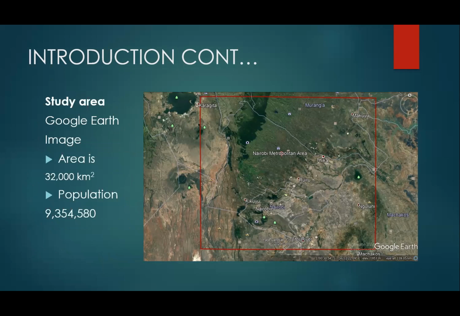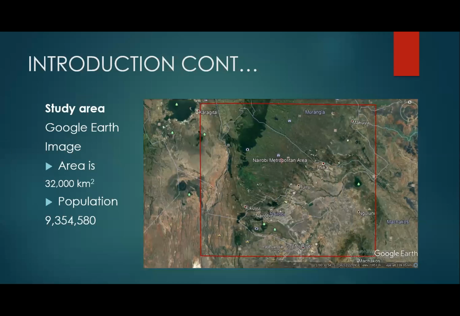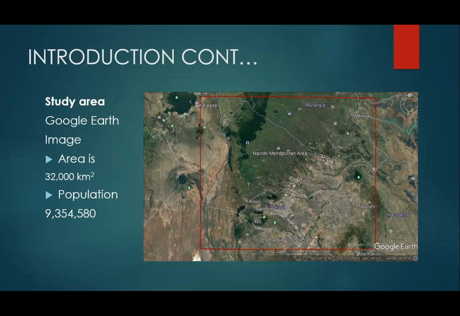All right, so our study area is the Nairobi metropolitan area. So this is the area. Our area of interest, especially, is this Thika area. There's also Nairobi, the city itself, because there are industries in the city, an industrial area.